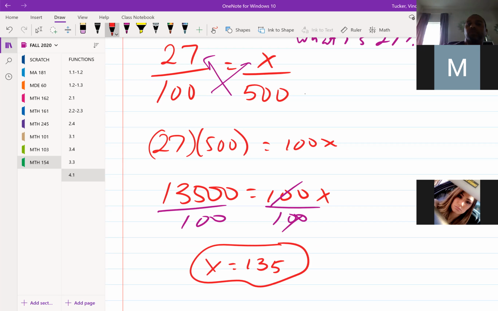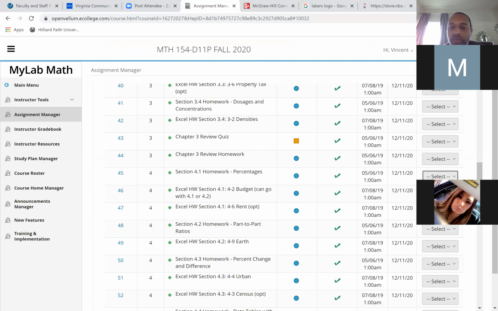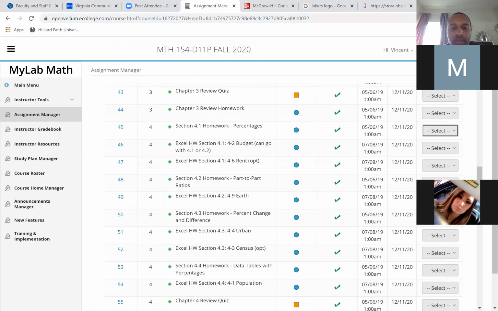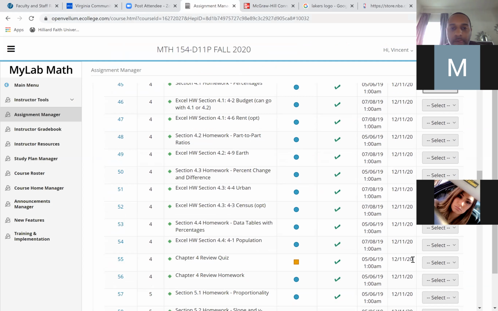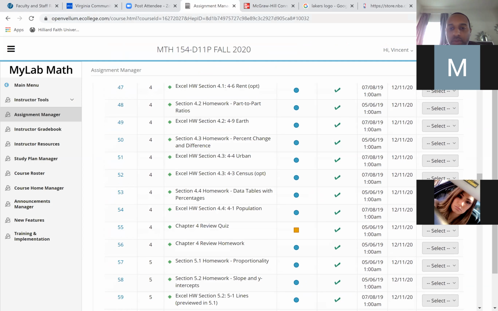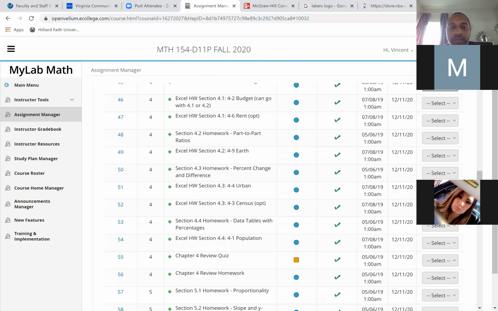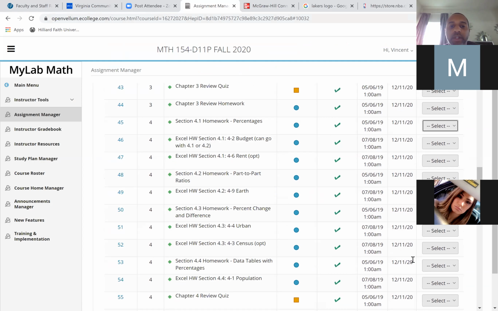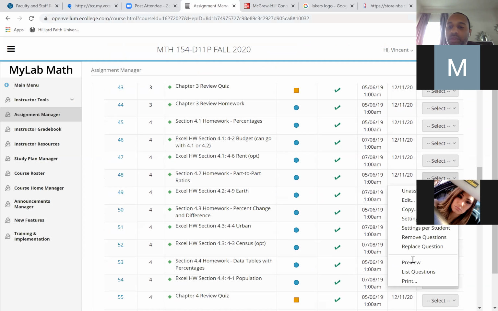So now we're going to part to part. We got 4.3 and 4.4. Okay, so we have two more sections after this. So let's go 4.2.